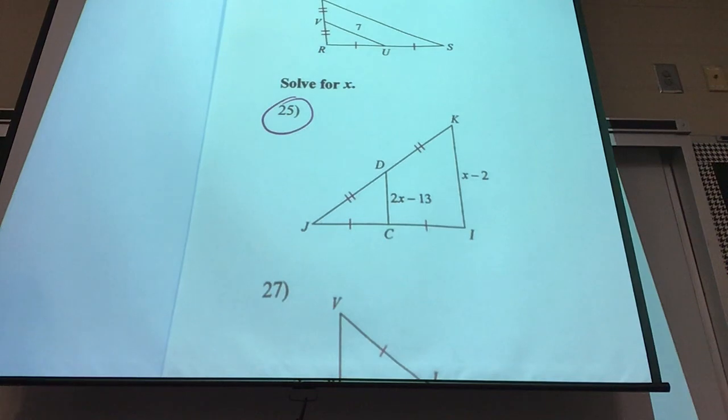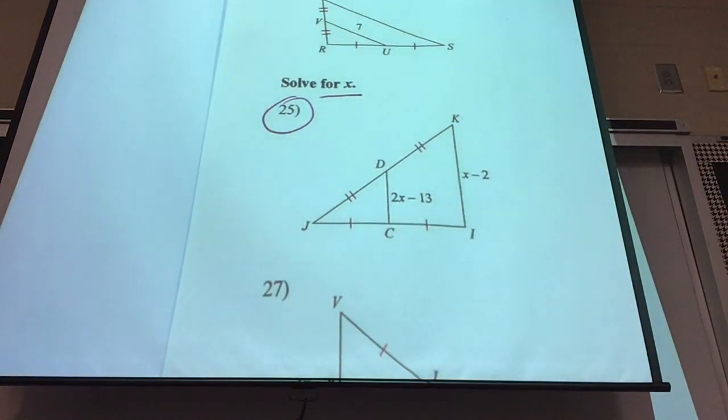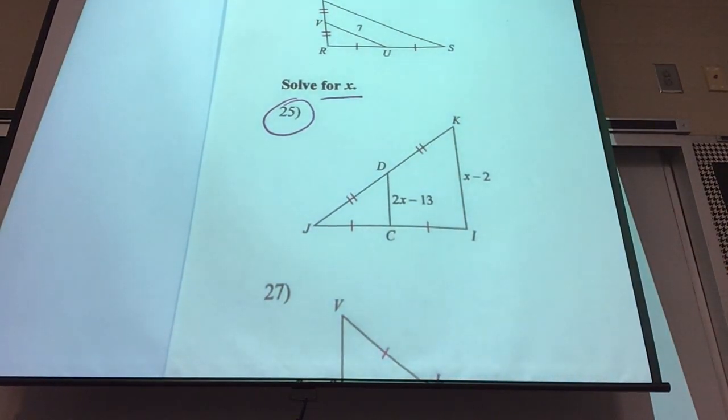So they've given you this triangle, they've told you that one of them is 2x minus 13, the other one is x minus 2. So I need to know x only. So I'm solving for just x.